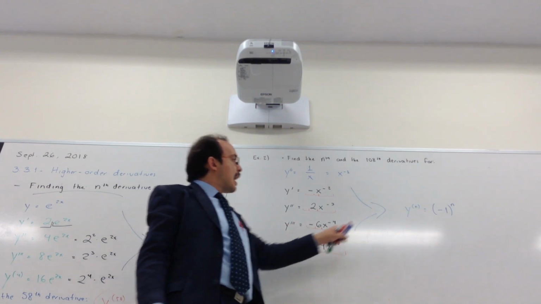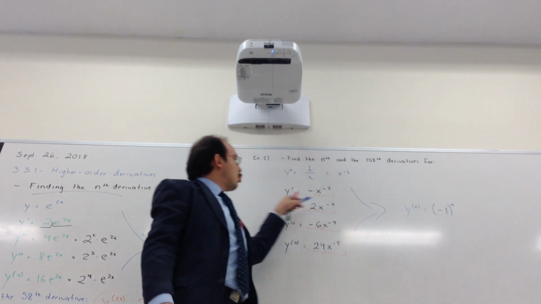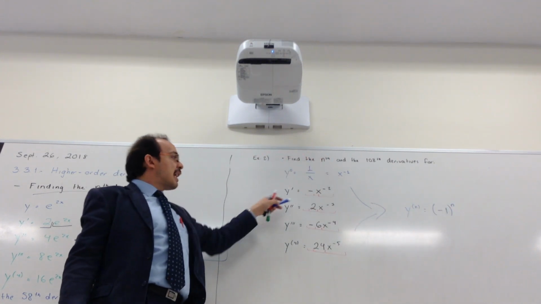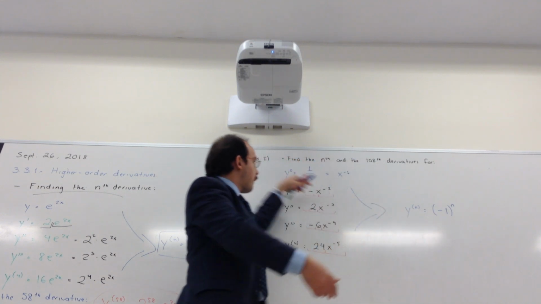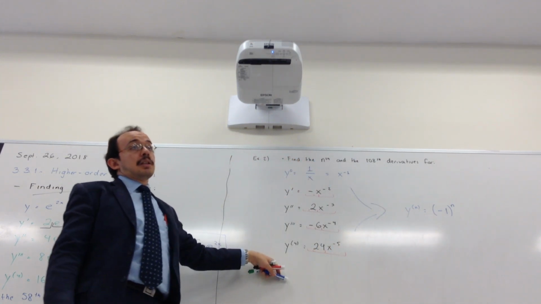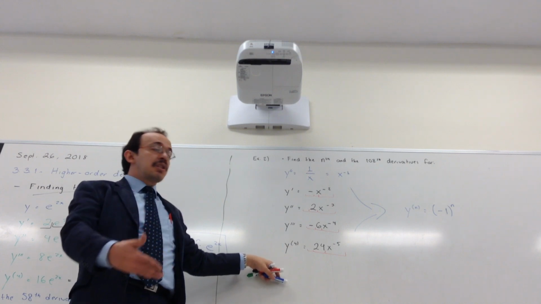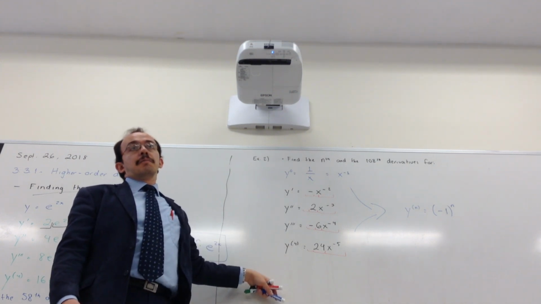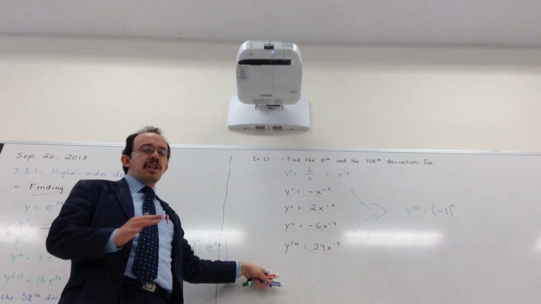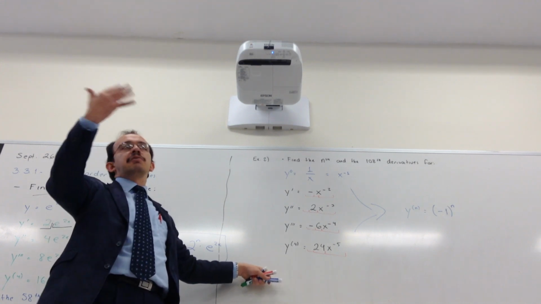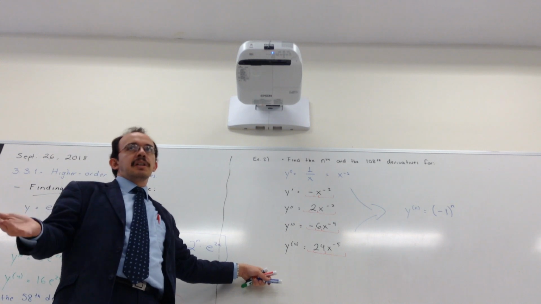Okay, so in this case, the power is changing depending on my level, but that level is also the power for the minus 1. So when you have odd levels, it will be a negative sign. When you have even levels, it will be a positive sign. As soon as you know that a minus 1 raised to an even power becomes positive, and to an odd power is always negative, right?